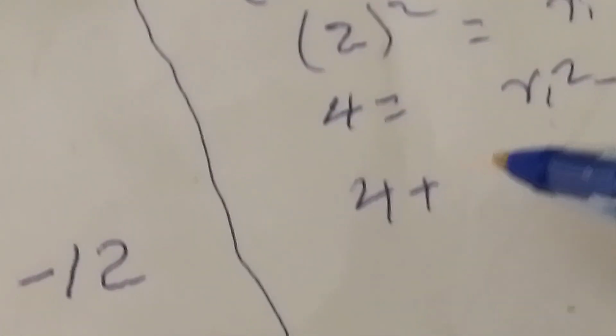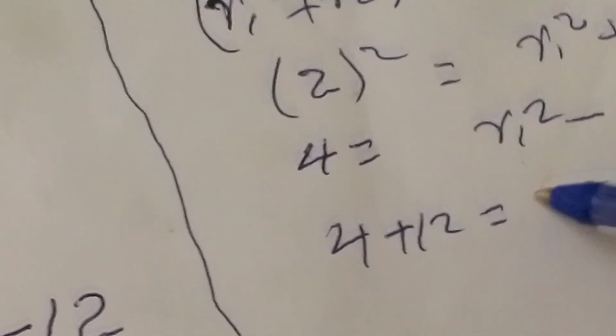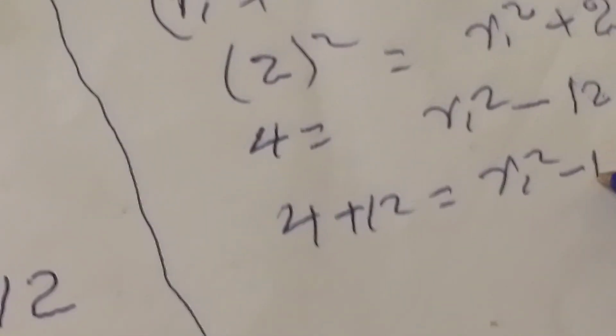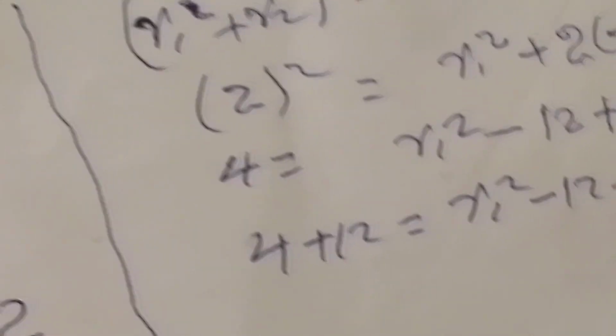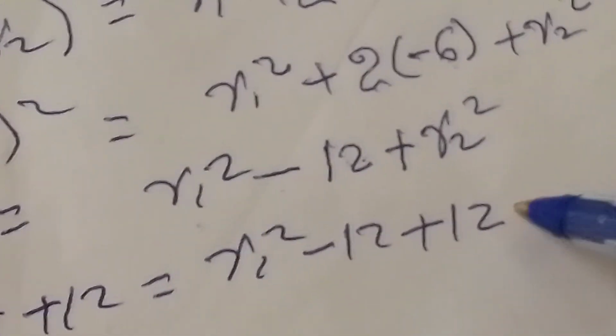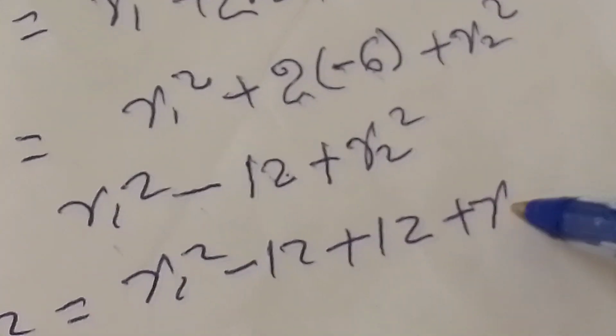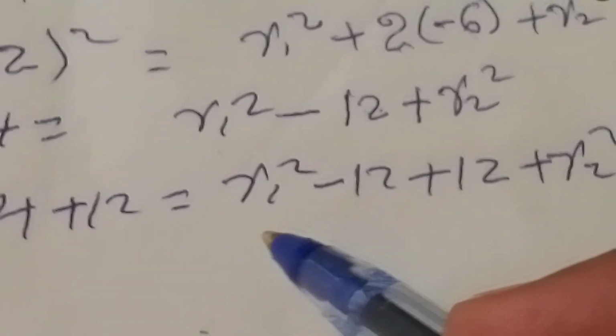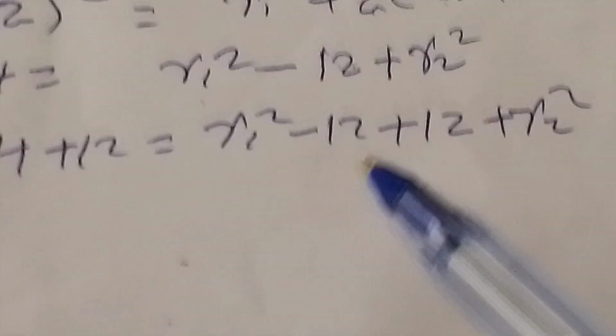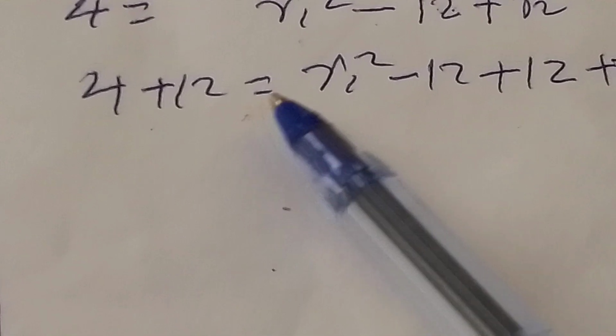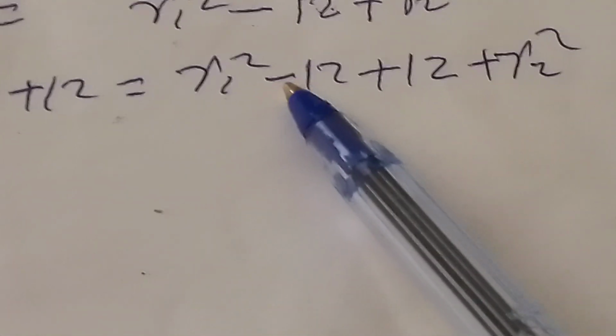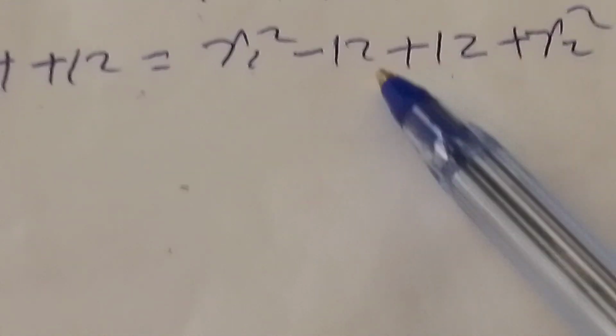Then add 12 to both sides. 4 plus 12 is 16, equal to r1 square, minus 12 plus 12 is 0, plus r2 square.